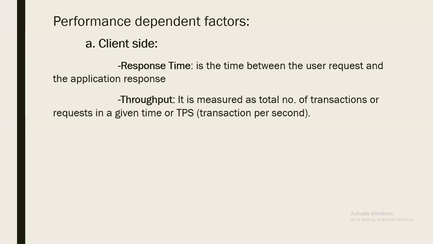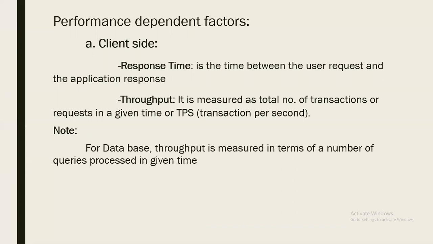That means if you go for a net banking application, more users are going to operate in a specified time. How many requests is it going to accept? That is what we call the throughput. If I go for a database as an example, throughput is measured in terms of the number of queries processed in a given time.